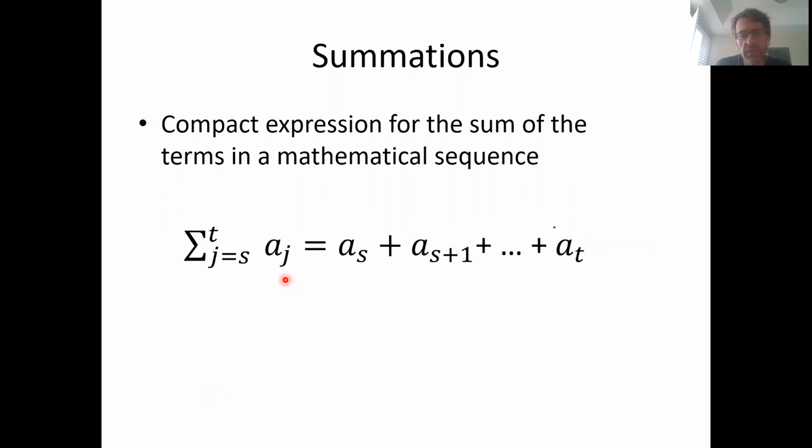Let's introduce summation. So if you have a sequence aj, it could be infinite or finite, let's say an infinite sequence defined after some first index, let's say index 0.